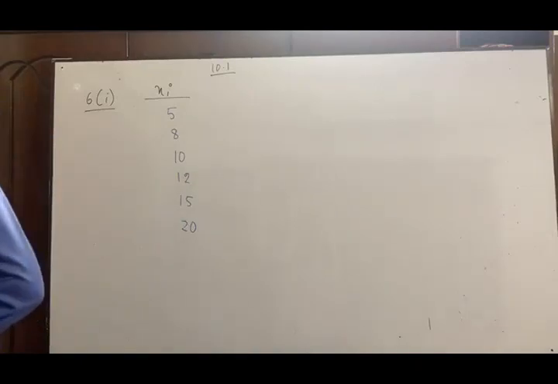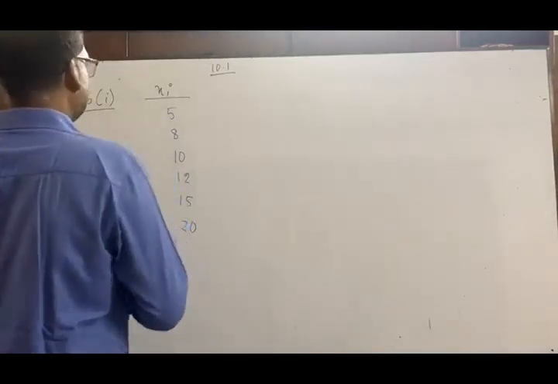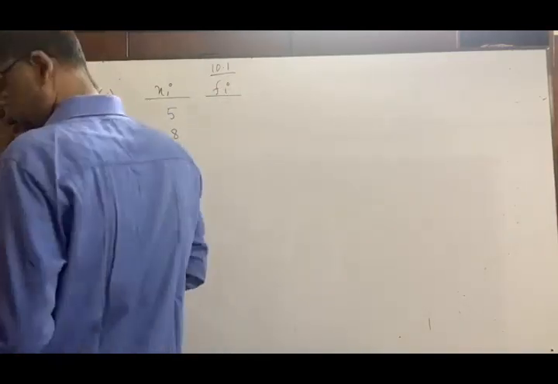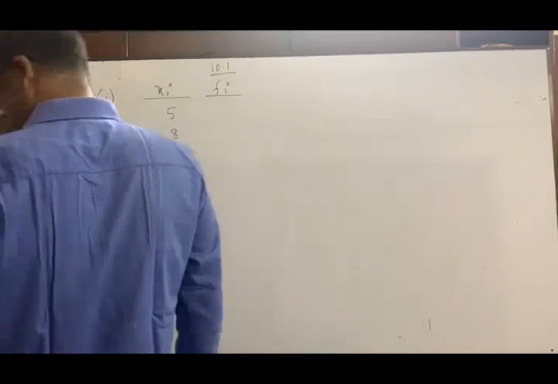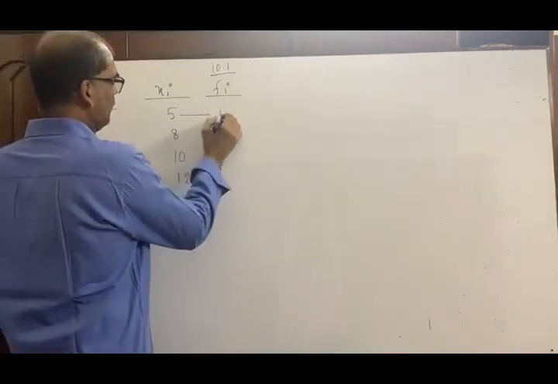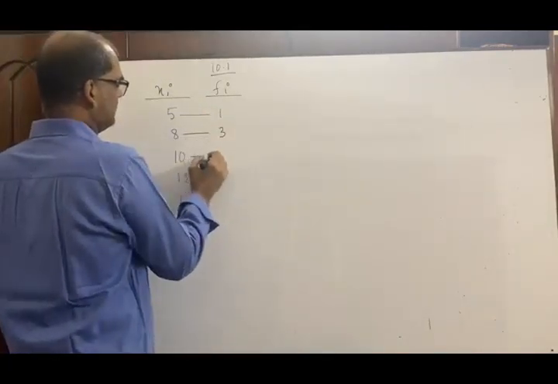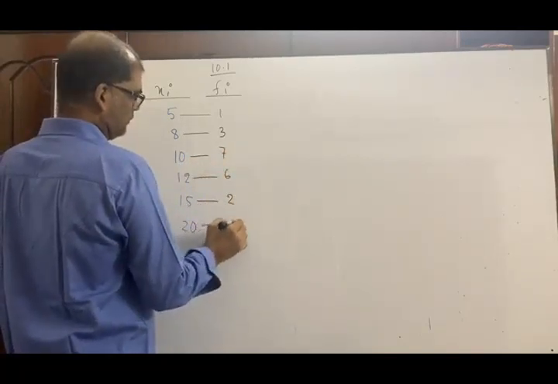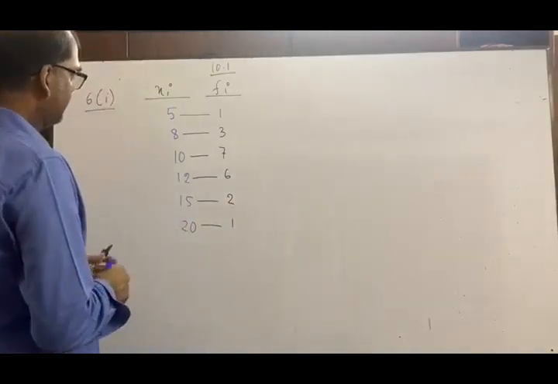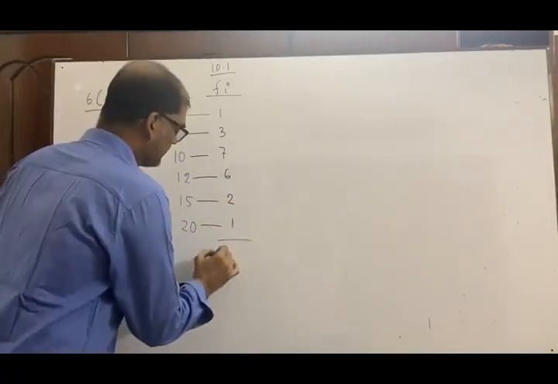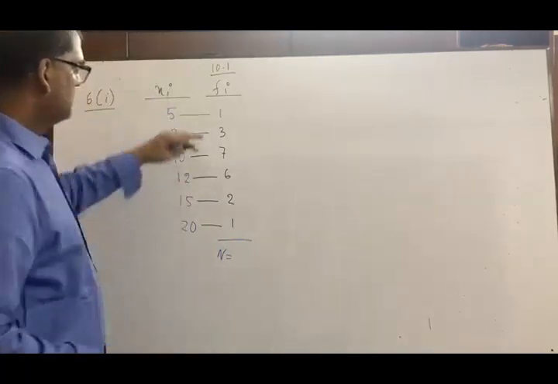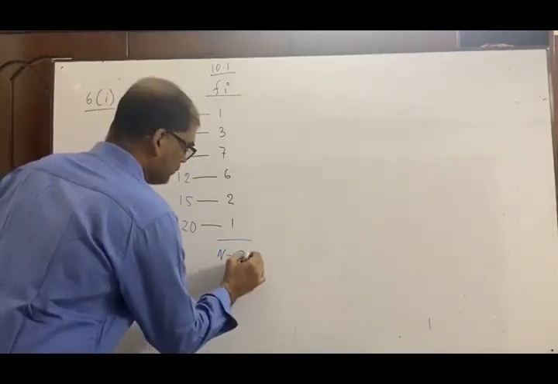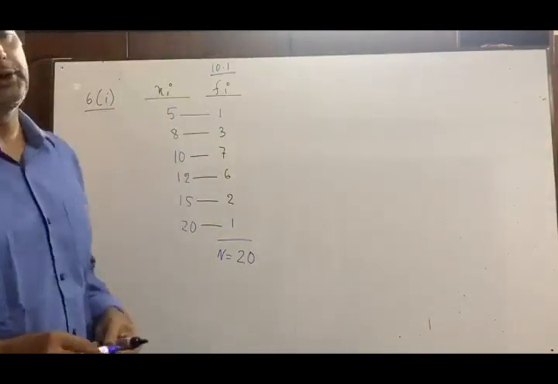Then our frequencies fi are 1, 3, 7, 6, 2, 1. So we can write here n equals what? 4, 11, 17, that is 20. We can write that n equals 20.